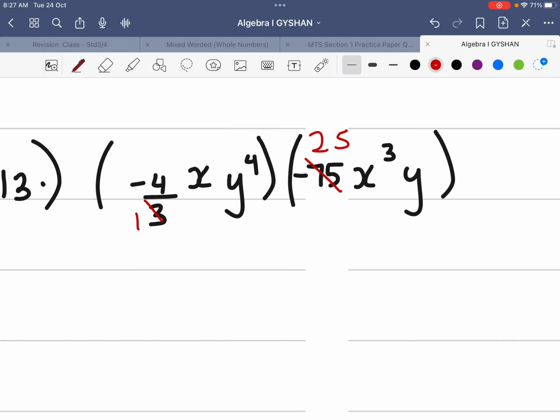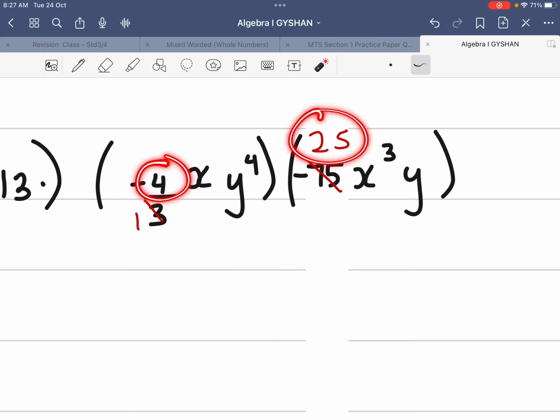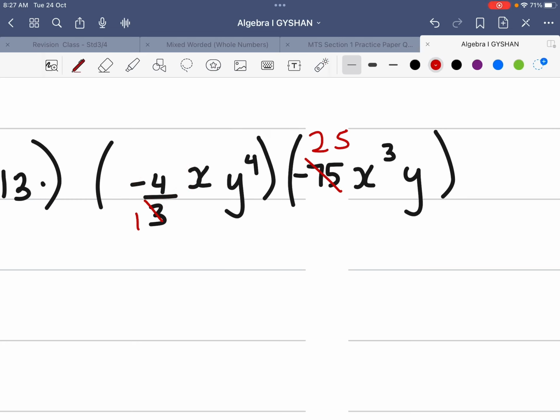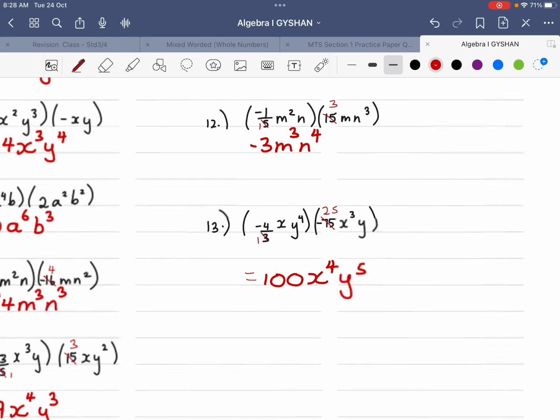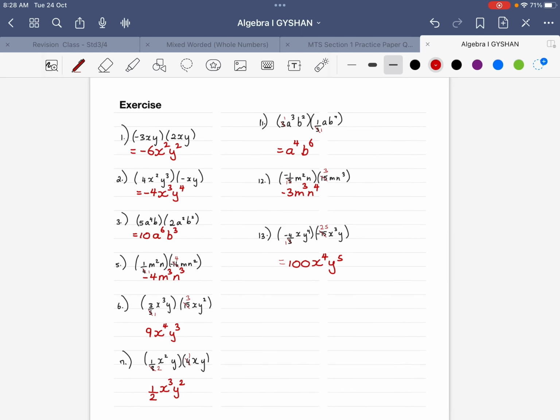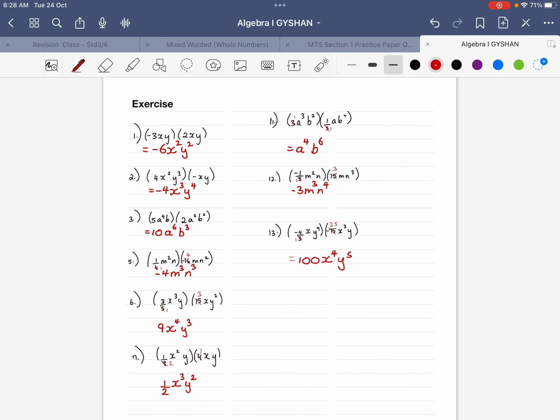So that's 4 times 25 is 100. So that's positive 100 x to the power of 4, y to the power of 5. So I hope that you all got this correct. If not, make your corrections.